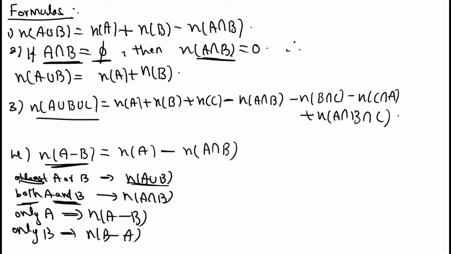So n of A intersection B. Only A, not B, or only A is given: only A means n of A minus B. Only B means n of B minus A. Remember all these formulas. It's very important for word problems.